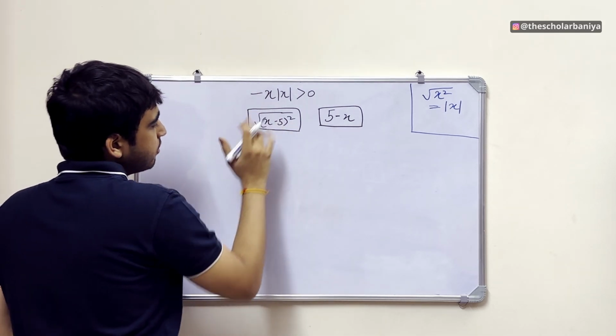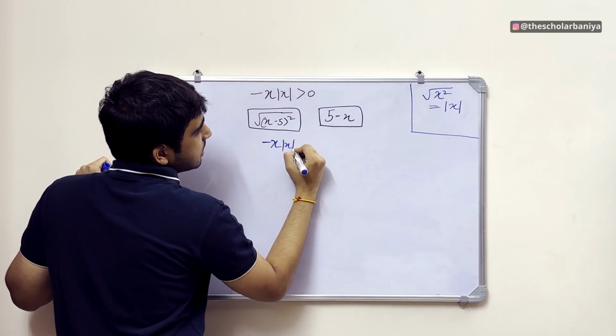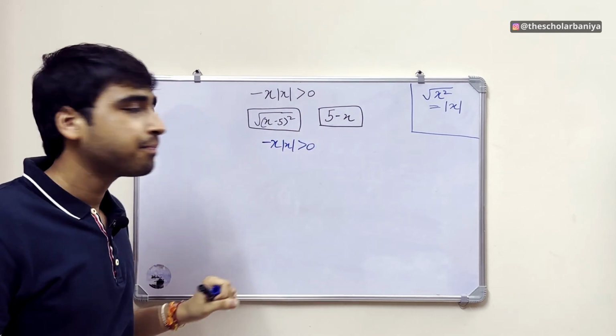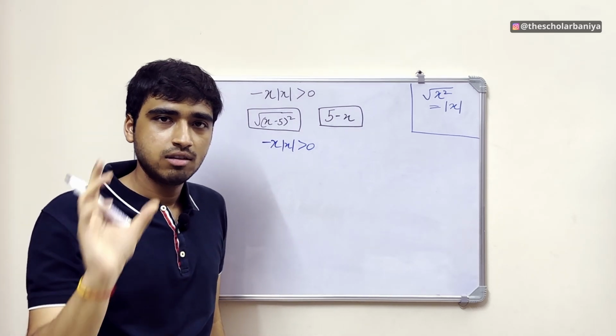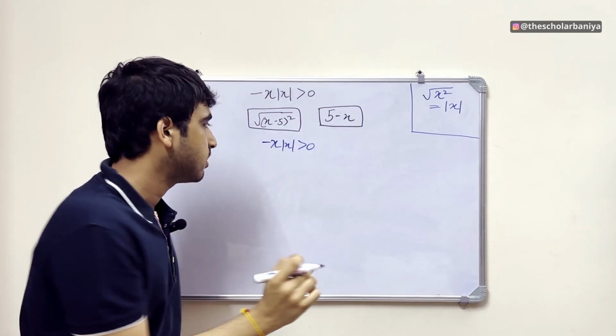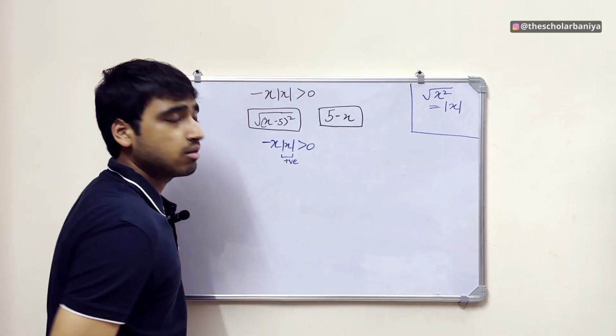Firstly, it's given that minus x mod x is greater than 0, right? We know that mod x is always positive. The value of mod x is always positive. So this part is always positive.